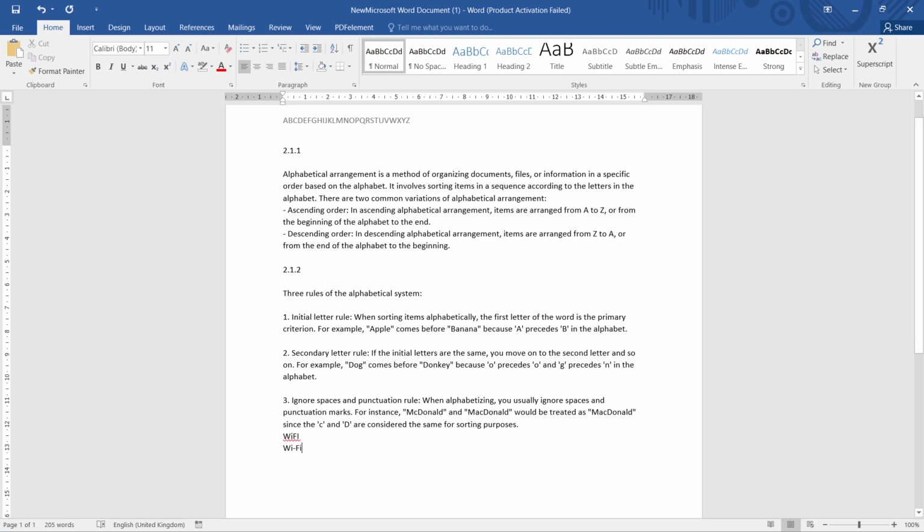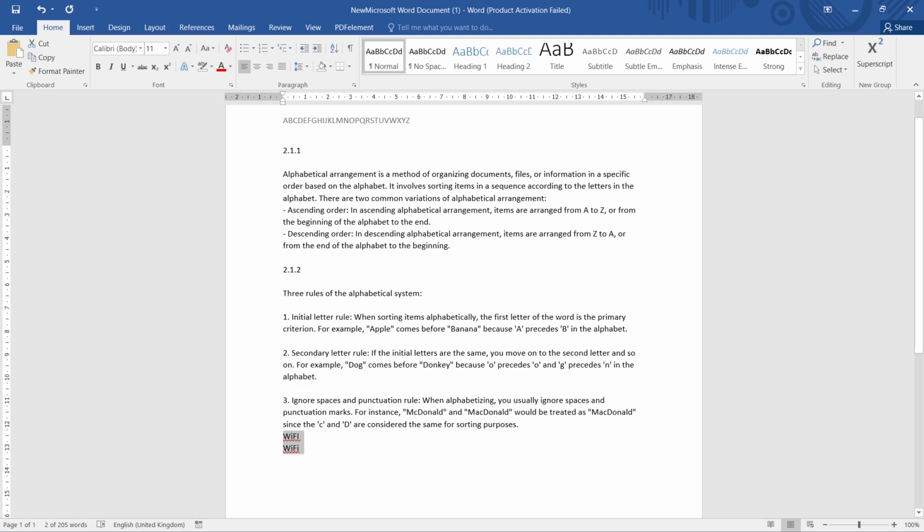So if you have to rearrange your list in ascending order or in descending order, these two words will be classified as equivalent, or as the same, because remember, we are ignoring the spaces and the punctuation. So you're actually looking at two words that look like this. They are pronounced the same, however spelled differently because of whether there's a space added or a punctuation.